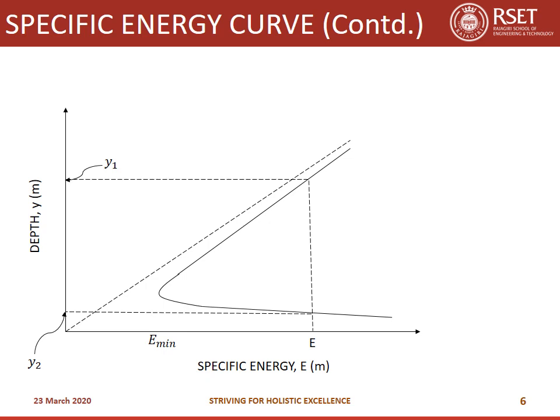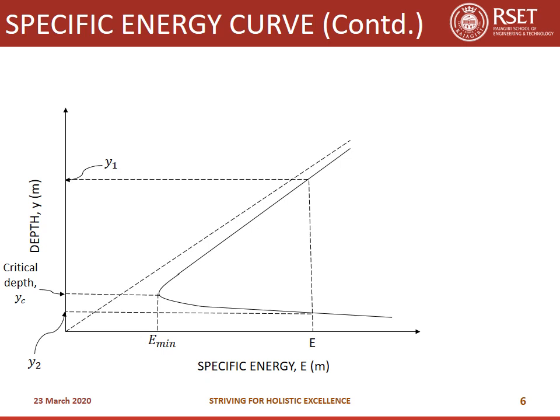Now there exists one particular value of specific energy corresponding to which you can get only one value of flow depth. Any value of specific energy, if you take along the specific energy curve, you usually get two different flow depths. But there is one particular point on this curve that can give you only one flow depth, and that corresponds to the minimum specific energy. You can see that specific energy cannot go below this point. That is the last point along the specific energy curve.